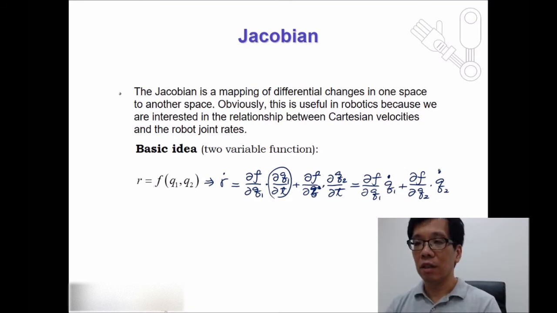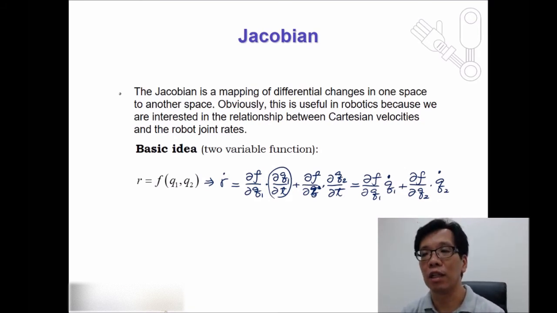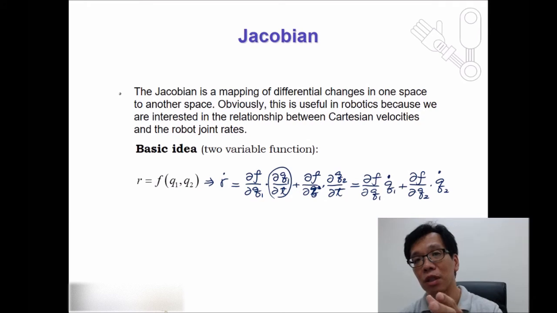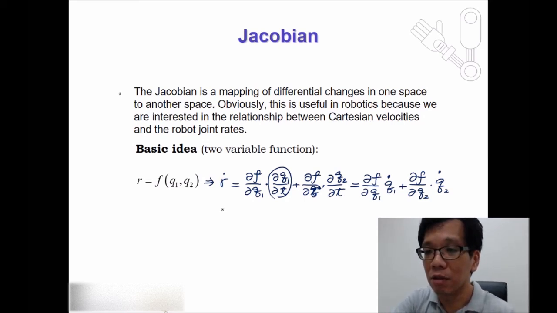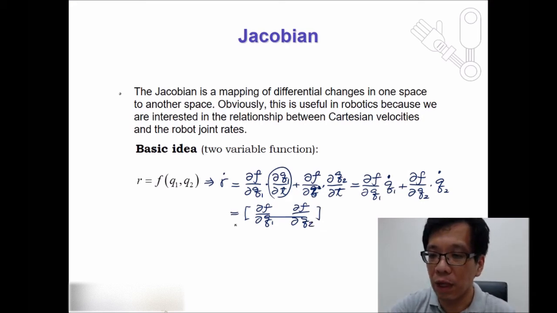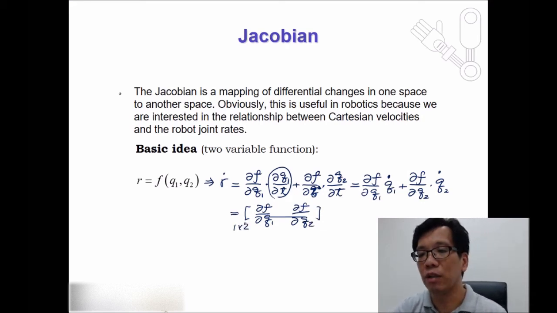So you can see that instead of differentiating everything in terms of time directly, we differentiate in individual parameters and multiply by the changing rate of individual ones. Then we can find out my changing rate for the overall position in space. And furthermore, this can be further processed into this format: partial f, partial q1, partial f, partial q2 as components of a 1 by 2 matrix.